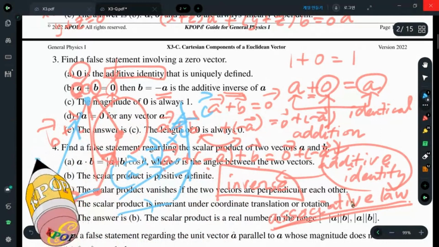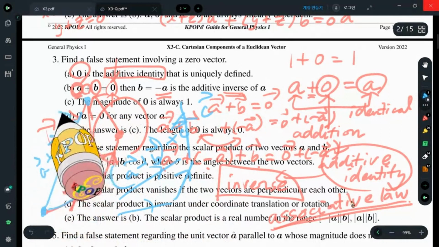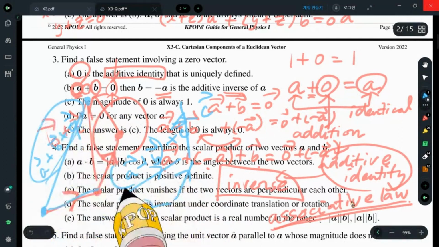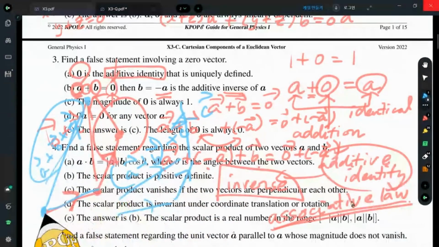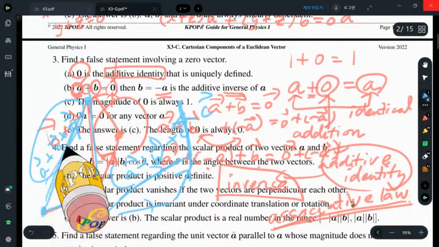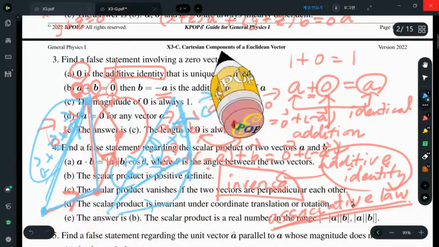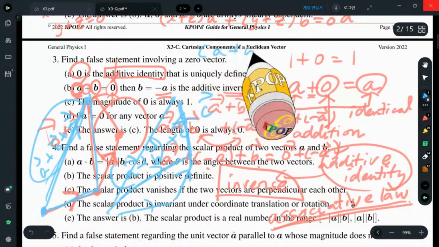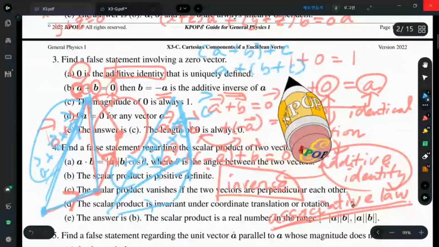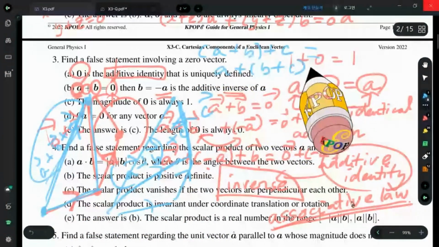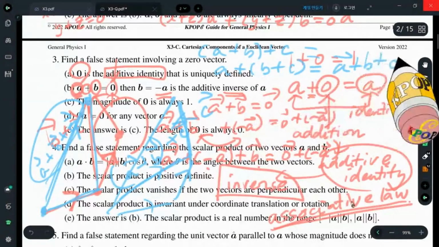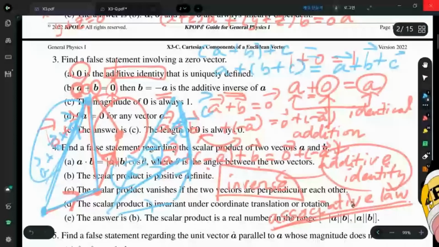The processes are different, but the final result is the same. So we say (A plus B) plus C or A plus (B plus C), but they are the same. That's the reason why I do not use parentheses, just A plus B plus C.